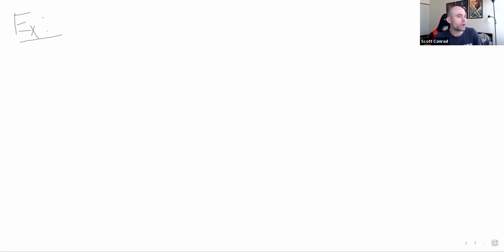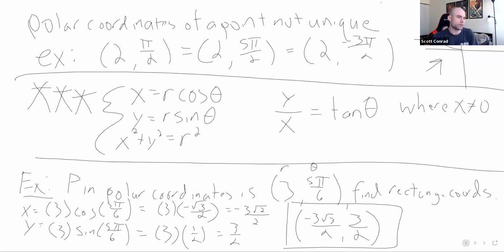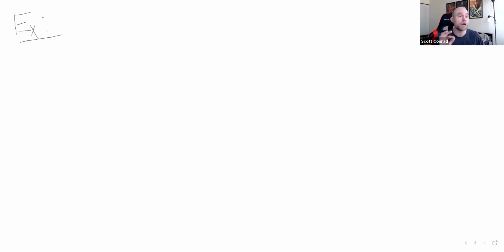Careful, x squared plus y squared is r squared. We're going to use that in this next one, and we will use it when we do integrals a lot. But that is a relationship that you should have in the back of your mind at all times.